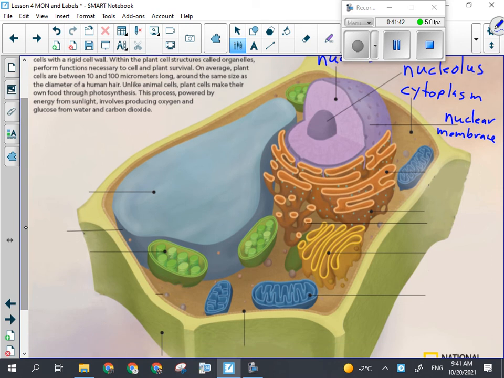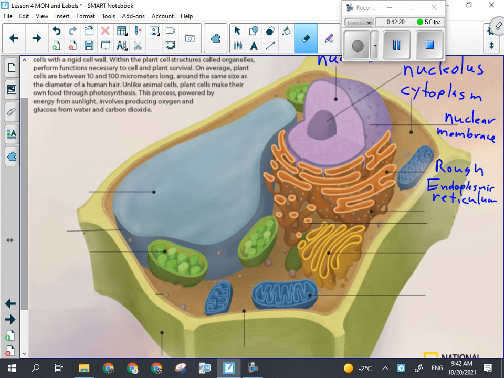Okay. The next thing is this orange stuff with the little blue dots on it. You usually find this stuff very close to or surrounding the nucleus, but you can find it in other places in the cell, though the bulk of it is close to the nucleus. This stuff is rough endoplasmic reticulum, which you can abbreviate ER, but I'm running out of room.